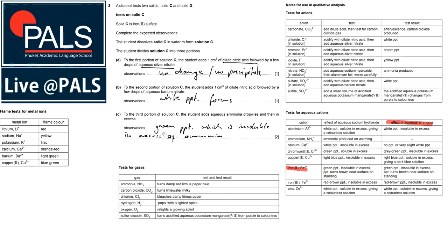Now, another way to write this is that we get a green precipitate forms, which remains after adding excess aqueous ammonia. So it's insoluble in excess.